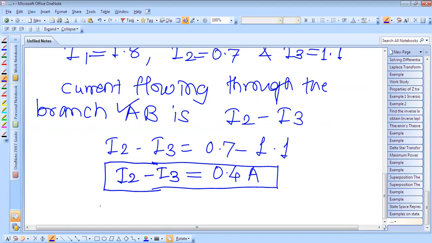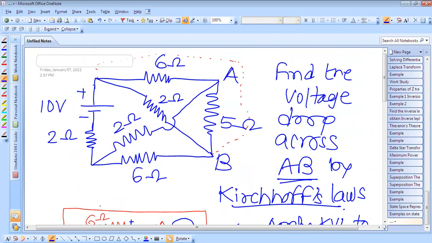Now we have to find the voltage drop across AB.